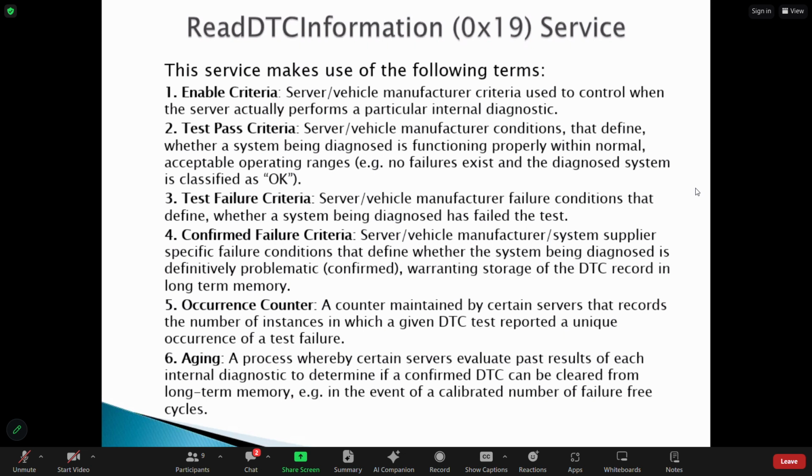So the failure criteria is the voltage received from the external power supply is less than 9 volt. That is the failure criteria. Understood? And the pass criteria for it is if the voltage is greater than 9 volt and less than 16 volt. Guys, understood?